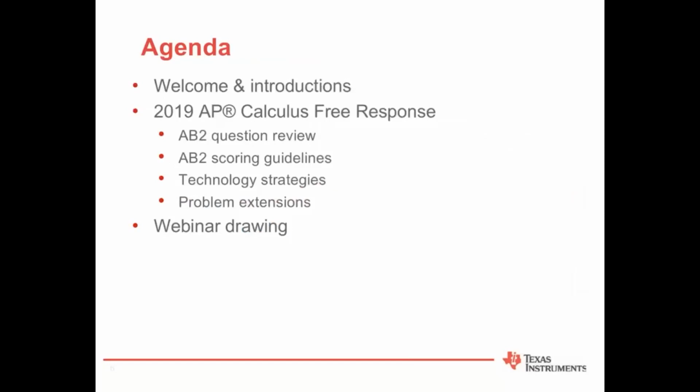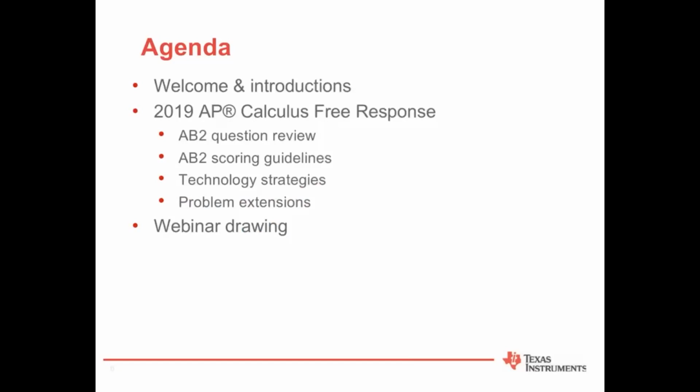At this point, Steve is going to discuss our agenda. Thanks, Mike. Well, we've already done the welcome and introductions. I'm going to start out and talk about the 2019 free response question AB2. I'll do a quick question review, and then I'm going to talk about the scoring guidelines. The way that I like to think about this is I'm going to give everyone a brief briefing.